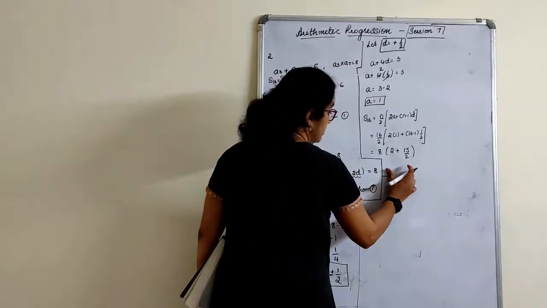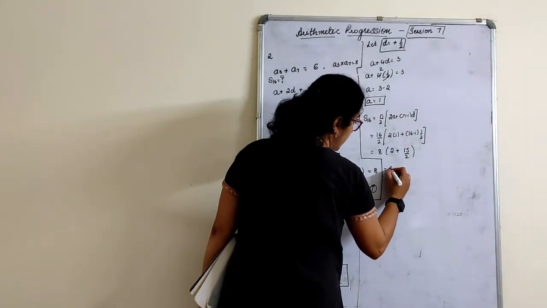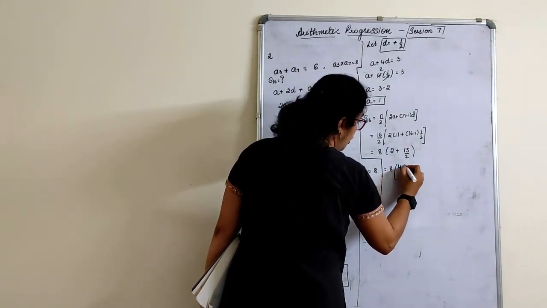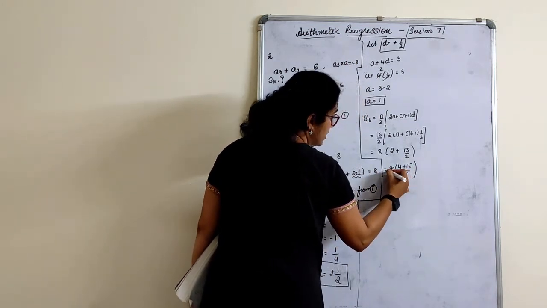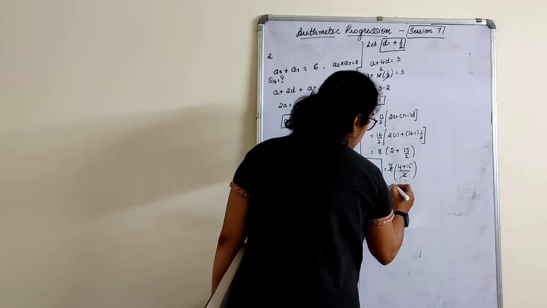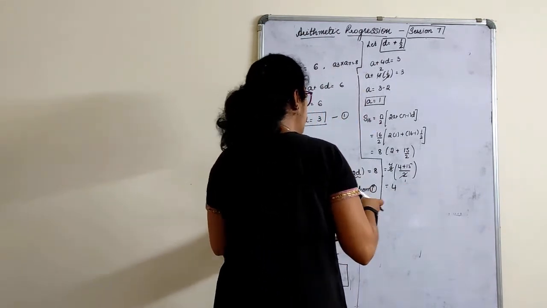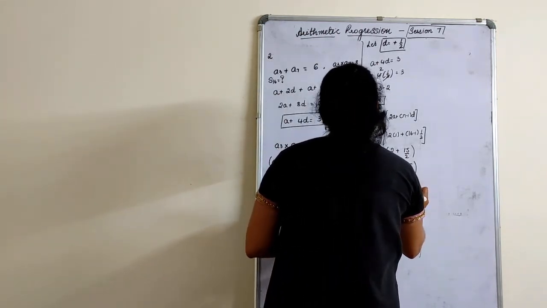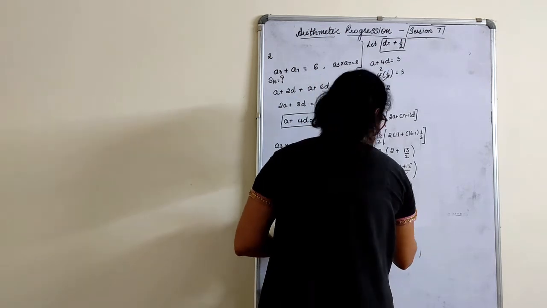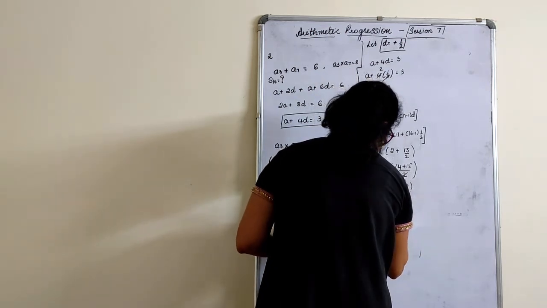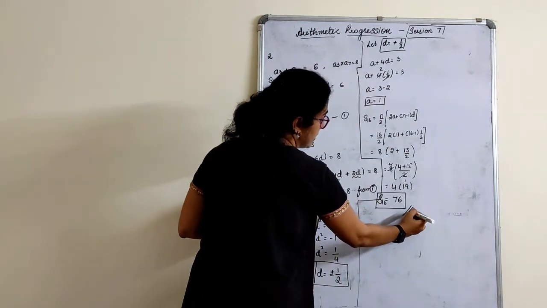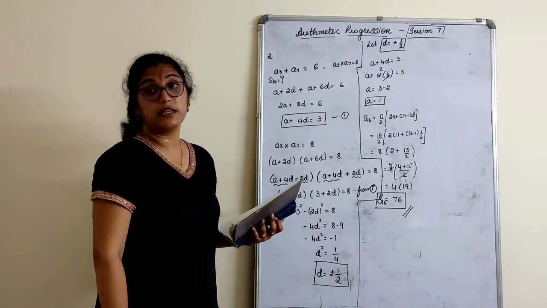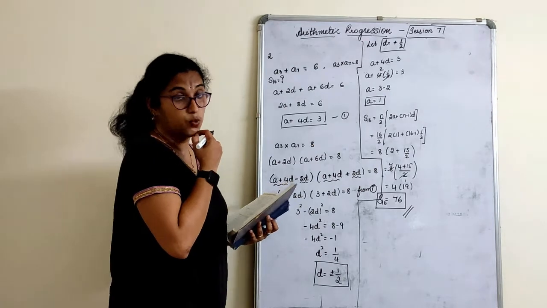Plus sign is there. Take LCM for that. 8, 4 plus 15 by 2. Now you can cancel. 2 ones are 2, 2 fours are. 4 into 19. 19 fours are 76. S16 is equal to 76 when D is plus 1 by 2 and A is 1.